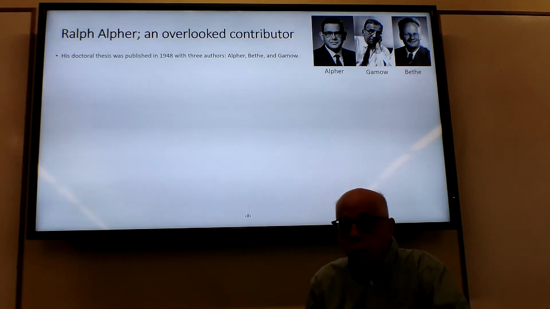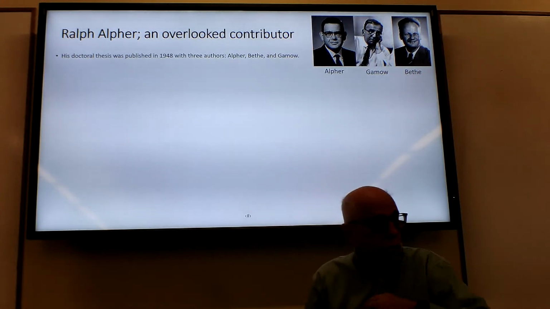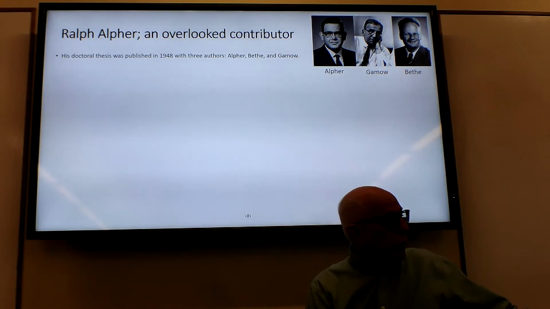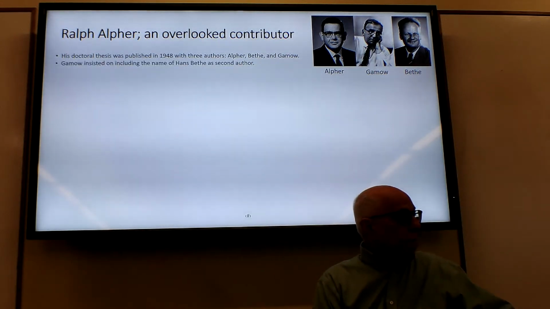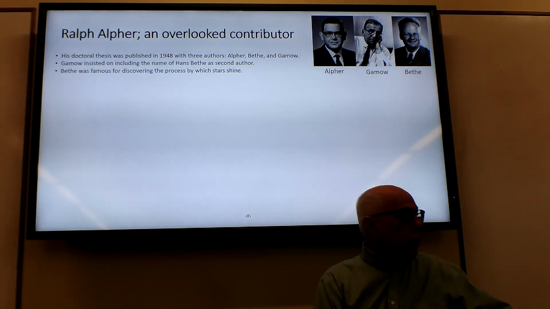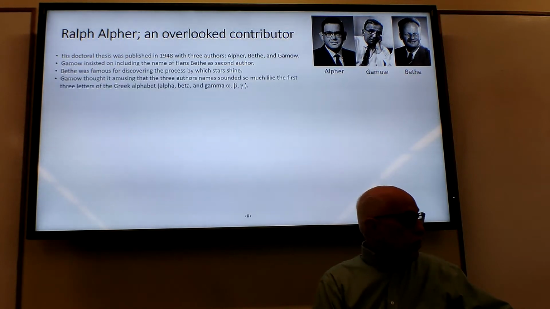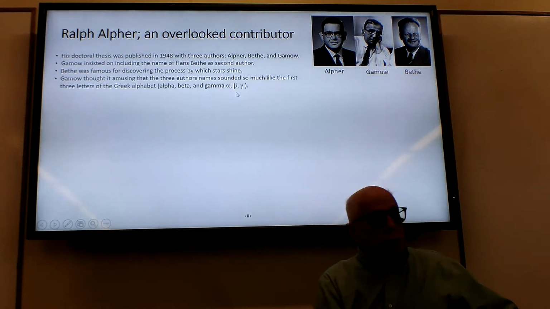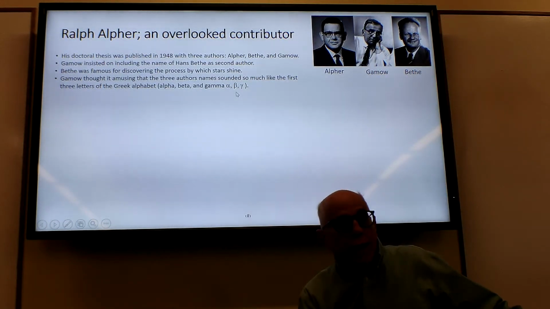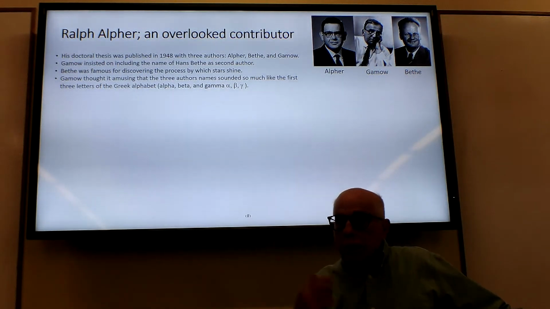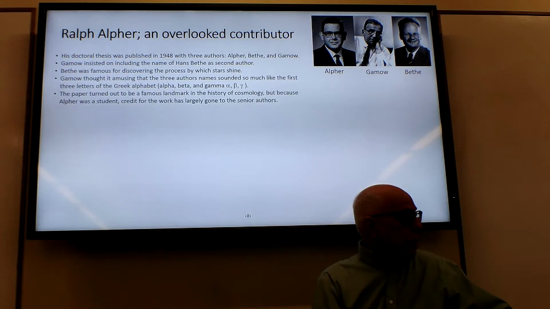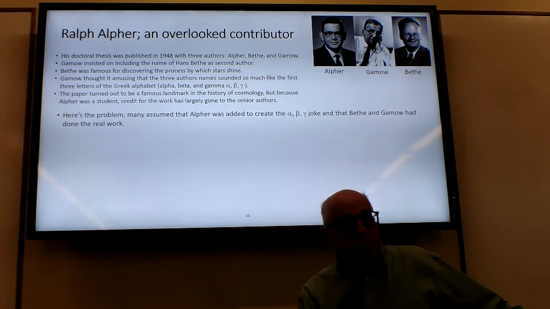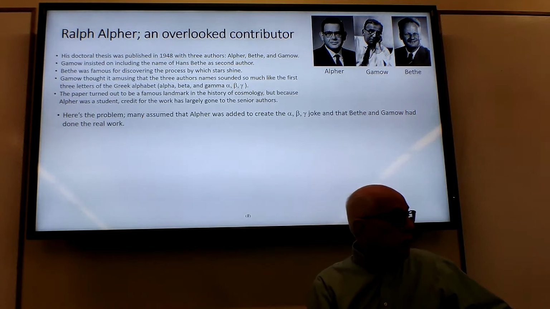Alpher should have won a Nobel Prize, but he was treated as if they included him as a joke. The words here explain all this that I just said. And so we get the first three characters of the Greek alphabet, Alpha, Beta, and Gamma, mimicking the three names. It's a landmark paper in cosmology, but Alpher was victimized by this.